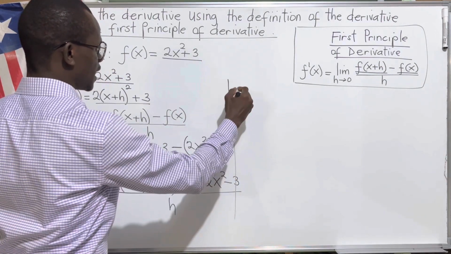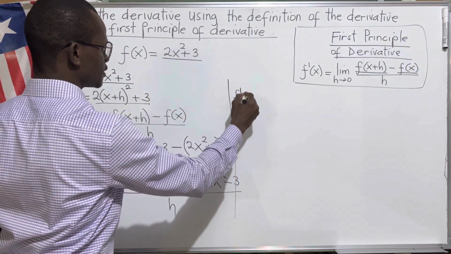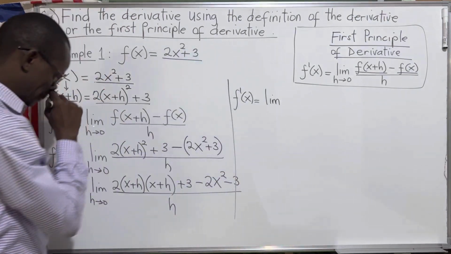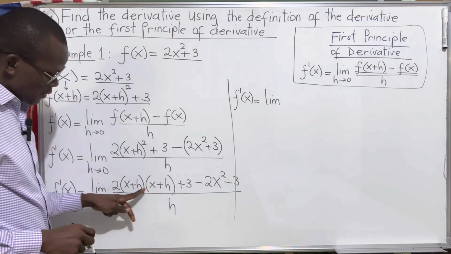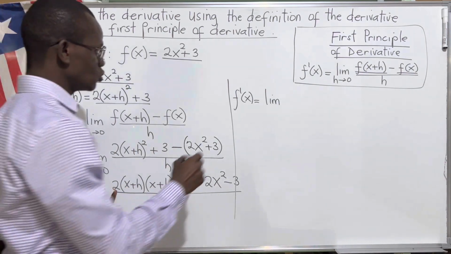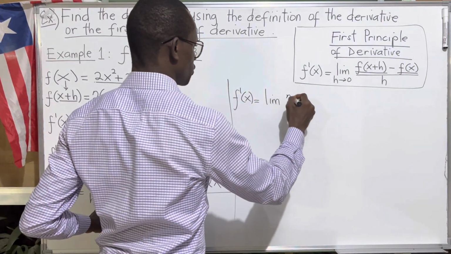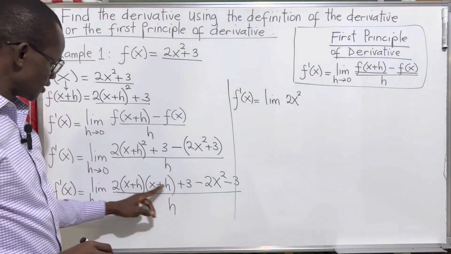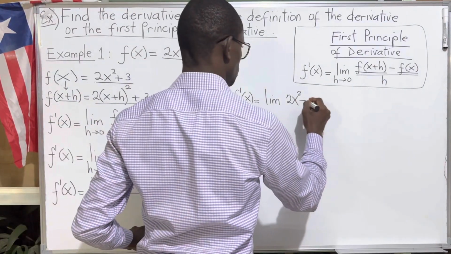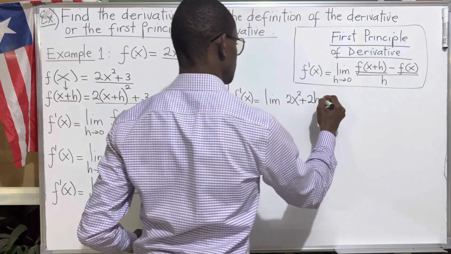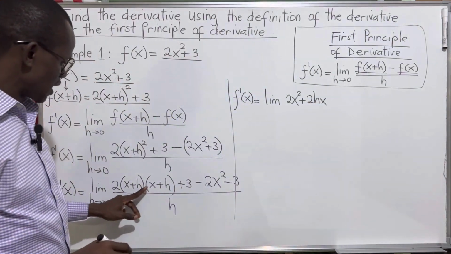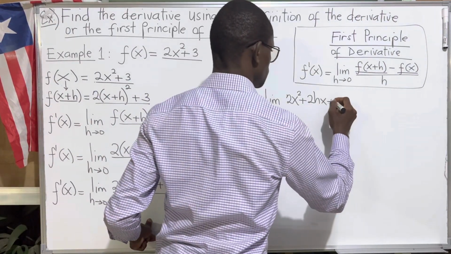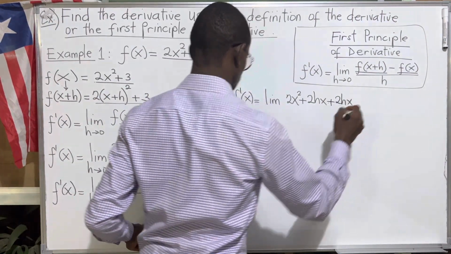So we come on this side, we say f prime of x is equal to the limit. Now, x times x is x squared times this 2 is 2x squared. X times h is hx times 2 is 2hx. H times x is hx again times 2 is 2hx.